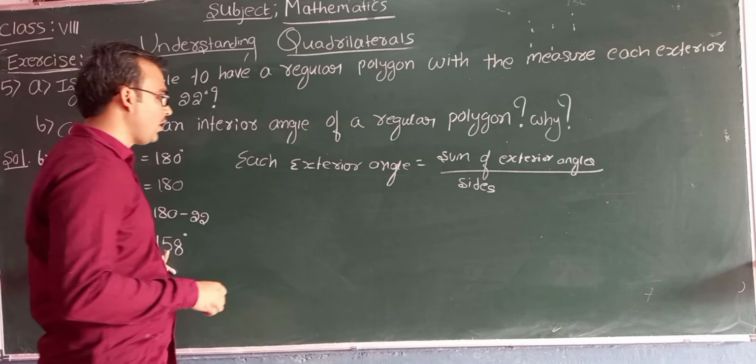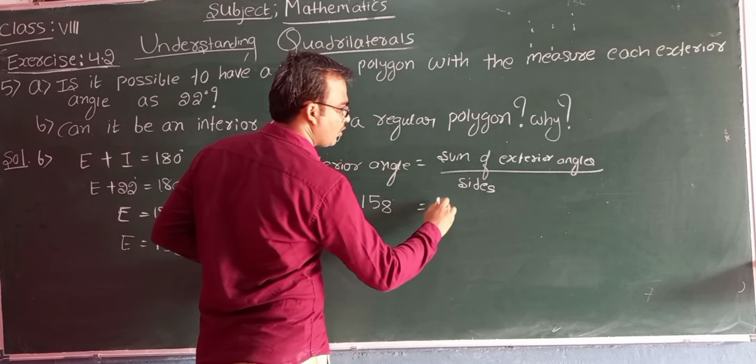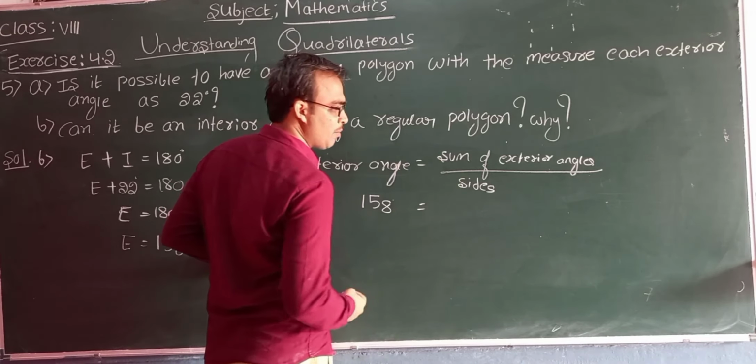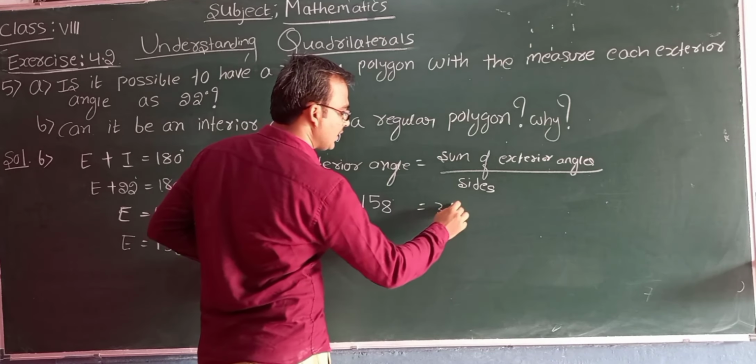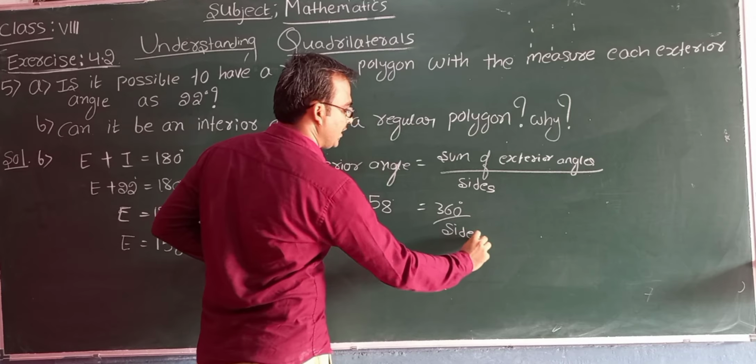Here the exterior angle is 158 degree, equals to the sum of exterior angles, which is always 360 degree, divided by the number of sides.